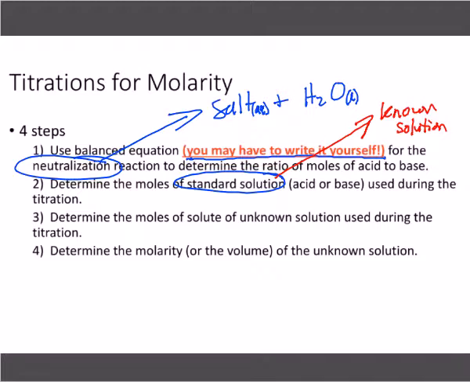It's been standardized. Okay? Now, it may be an acid in one problem. It could be a base in the next one. All right? So it depends on what you're looking for. All right? So we're going to determine the number of moles of that used during the titration. Then, based on our neutralization reaction, we're going to figure out the number of moles of unknown solution, and then we can determine the molarity.